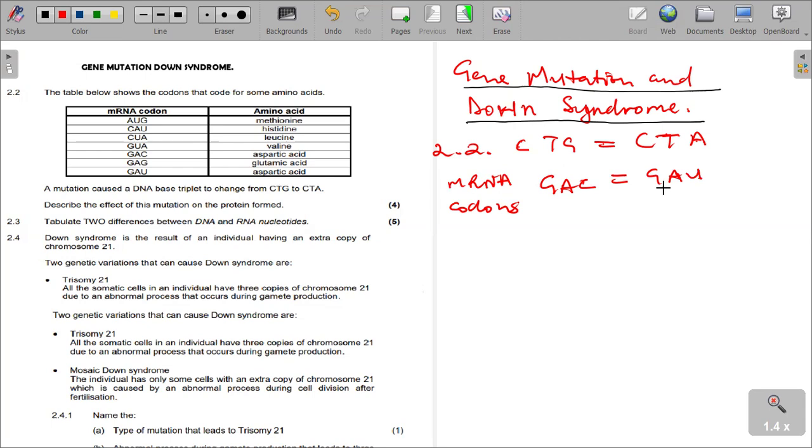The question says describe the effect of this mutation on the protein to be formed.